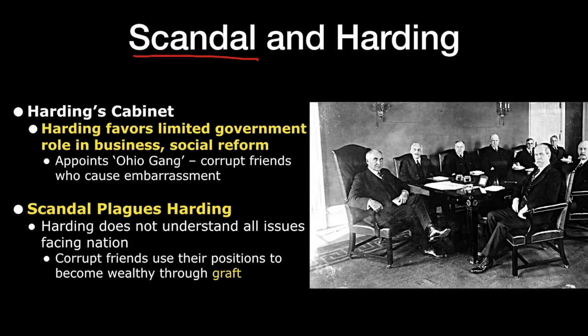Harding had an interesting group of friends. And as we've seen, going all the way back to President Andrew Jackson, when you get the office, you now have the opportunity to be able to bring in your friends, allow them to be your advisors or put them in positions of power. Problem is when you have friends that are, well, not very morally adept, they're going to take that power and they're going to use it for their personal gain.